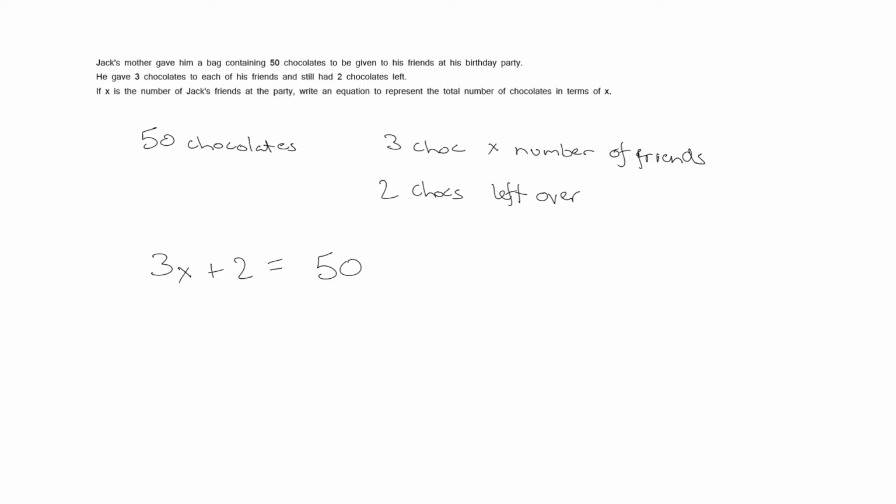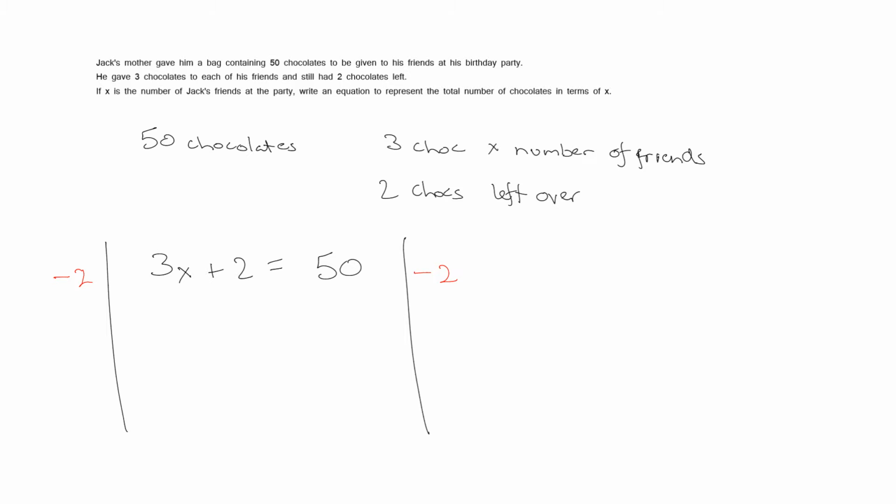Now we're back to a normal equation, so we can do our 2 lines on either side. We want to isolate the x, get the x part on its own. So I want to get rid of that plus 2, so I'm going to have to take minus 2 from both sides. So I'm going to have a minus 2 here and a minus 2 here.